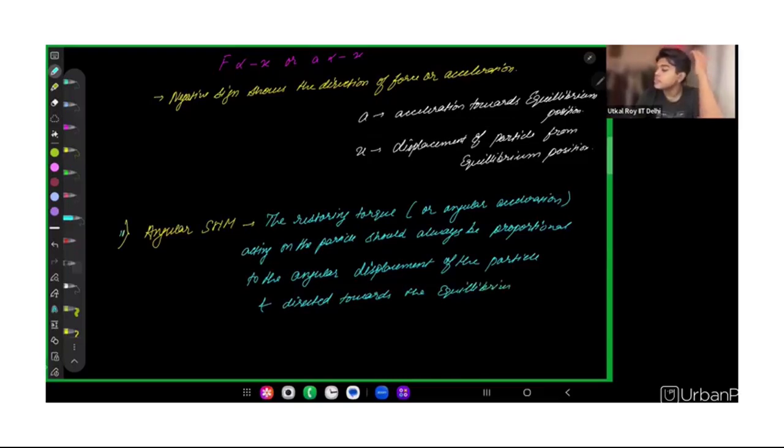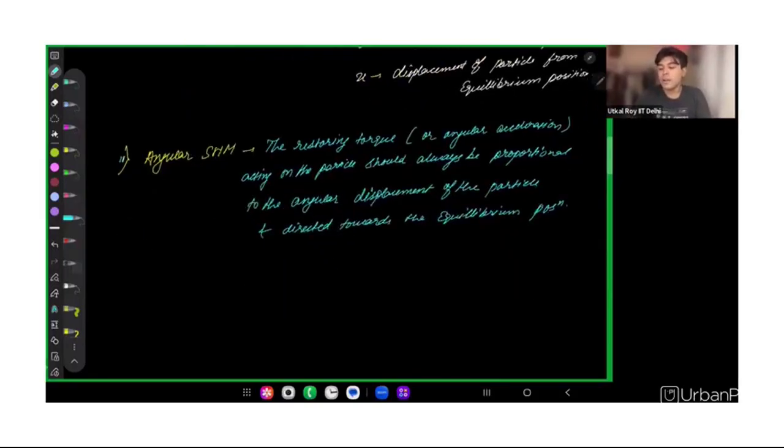Exact same thing, right? The torque is proportional to minus theta, the same explanation, or the angular acceleration is also proportional to minus theta, right?